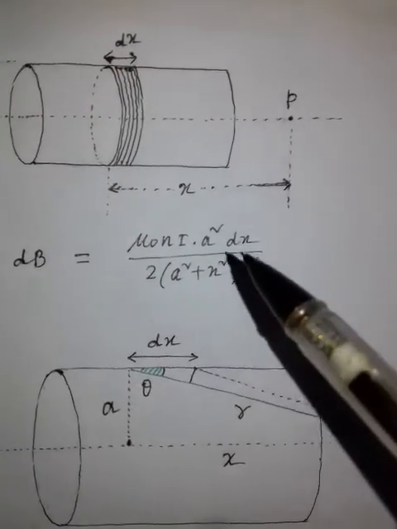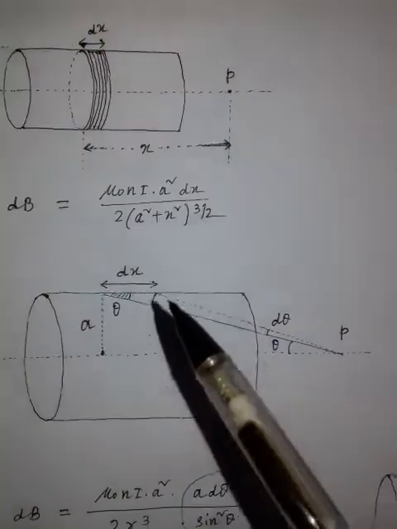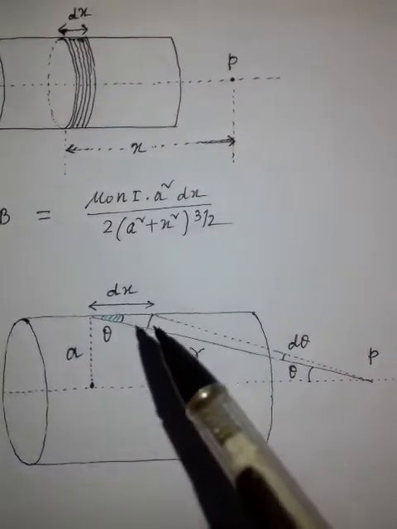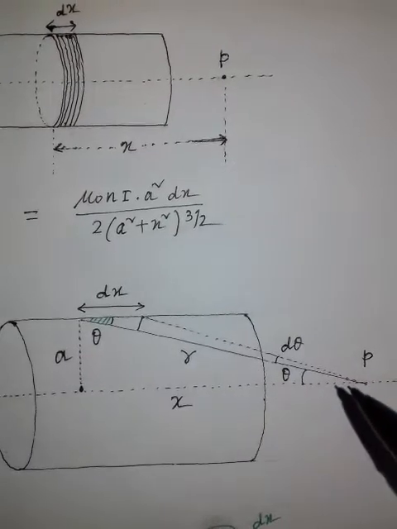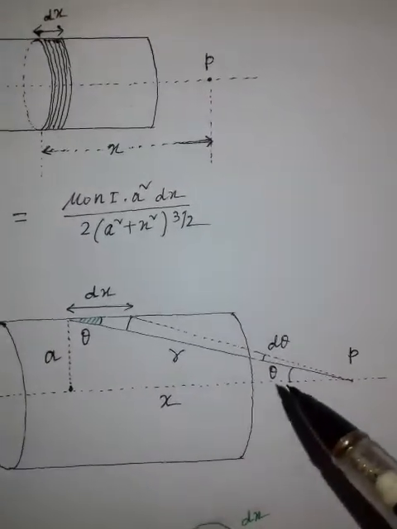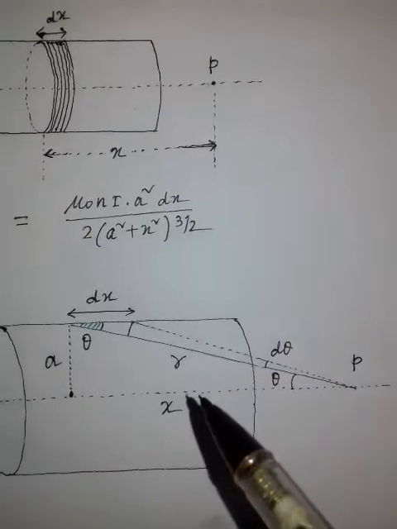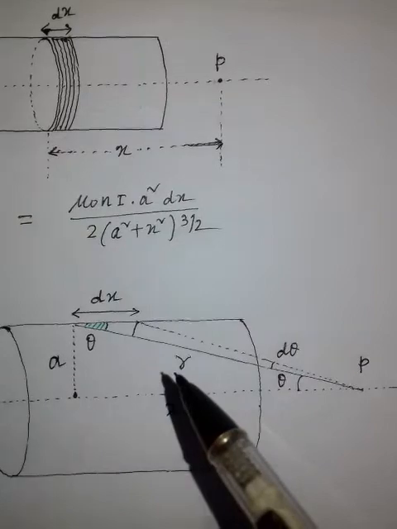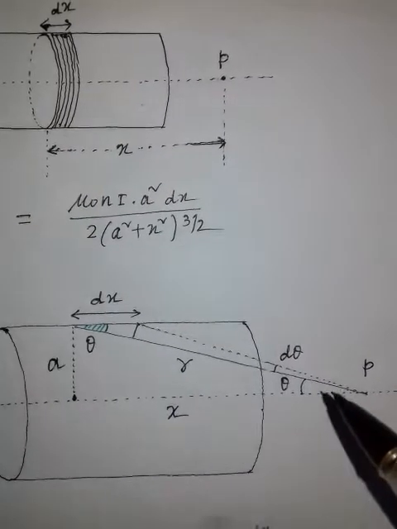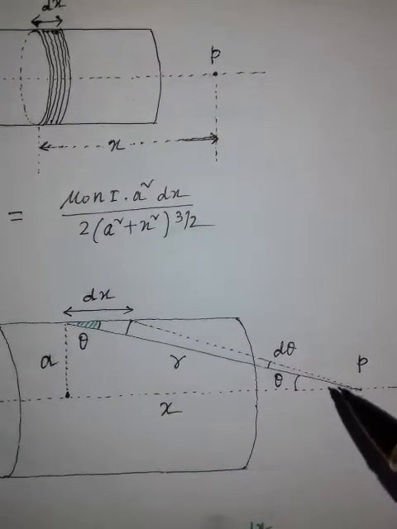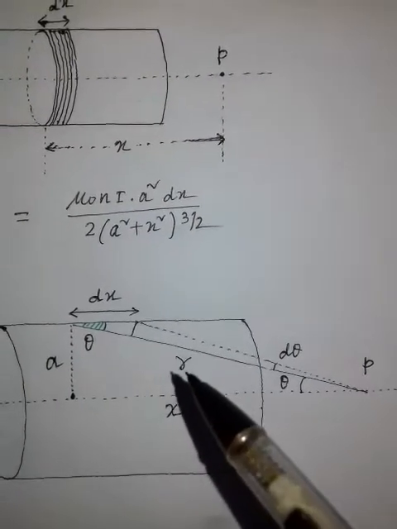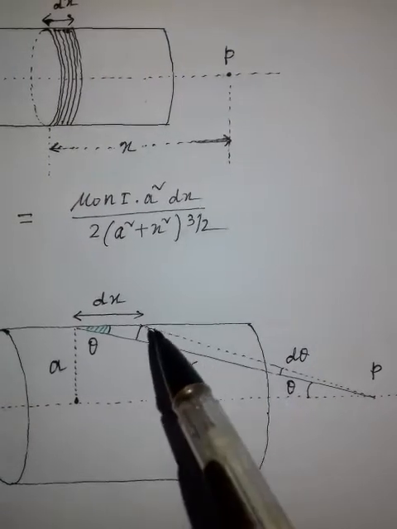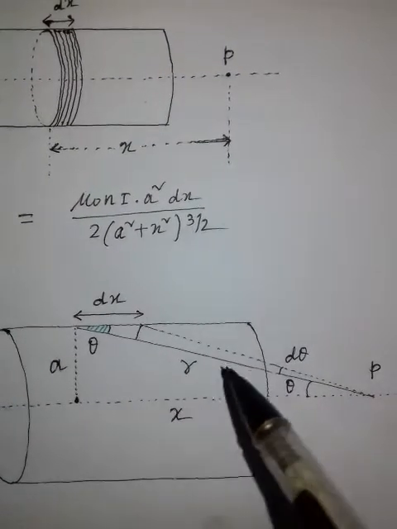For this, we have redrawn this figure here. Here the same dx is at an angular inclination theta with the axis with respect to the point P. As this angle is theta, this angle is also theta, and we have considered dx is at a distance r from P. So this small arc length is nothing but r d theta.